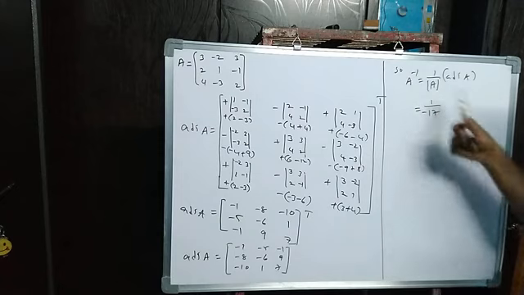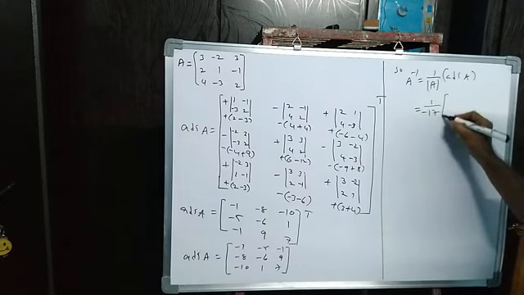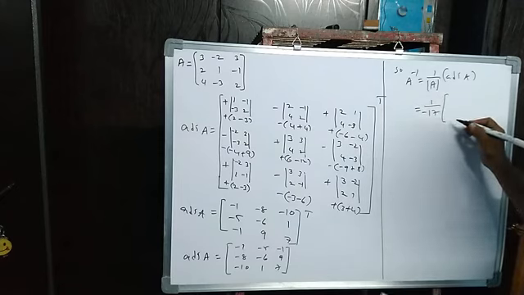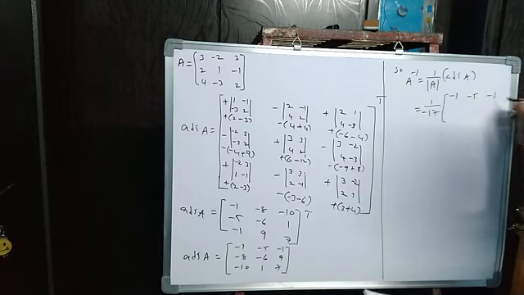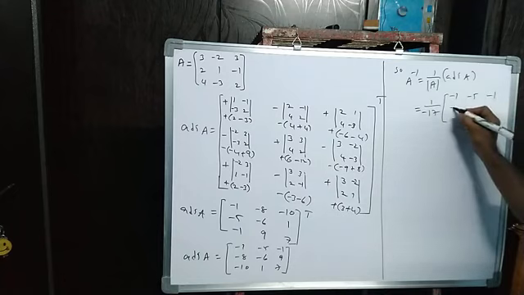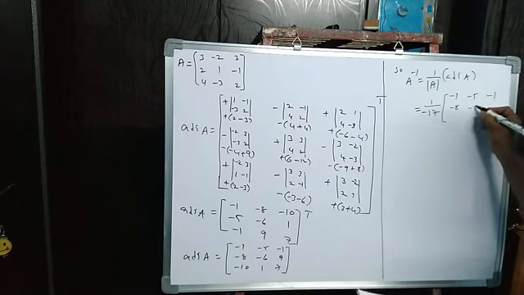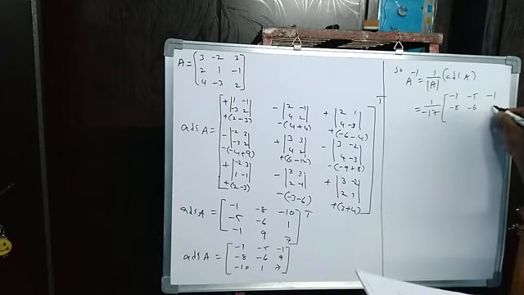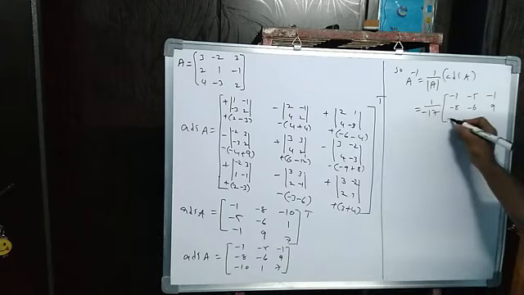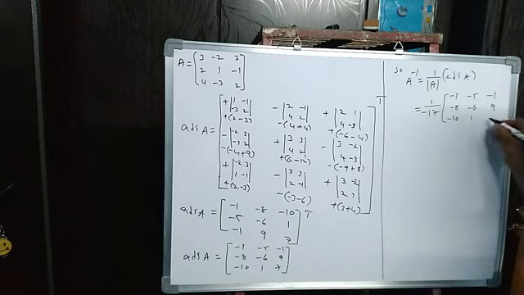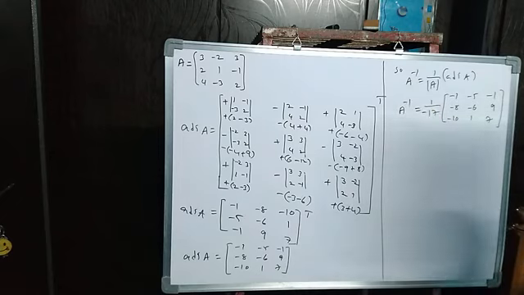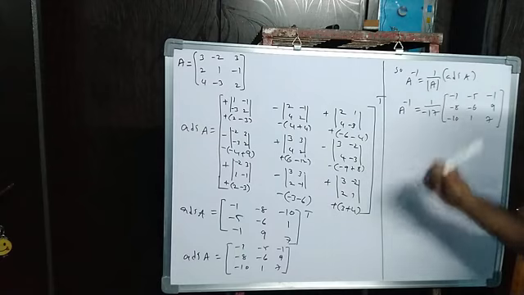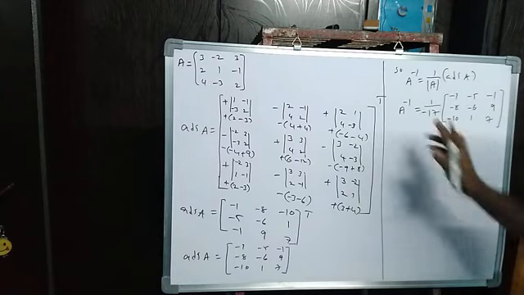A inverse is equal to 1 by minus 17 into the adjoint A matrix: minus 1, minus 5, minus 1; minus 8, minus 6, 9; minus 10, 1, 7. This is A inverse. So we got the A inverse matrix.